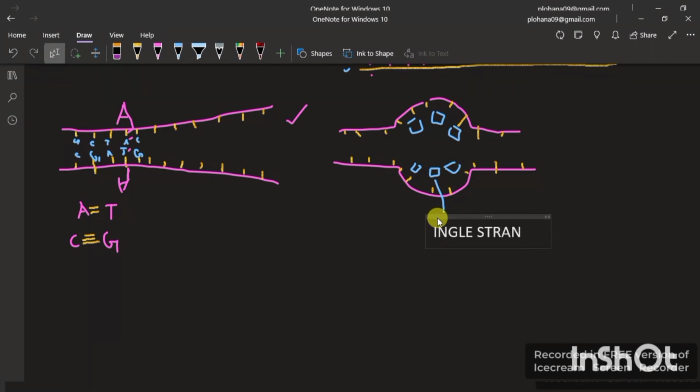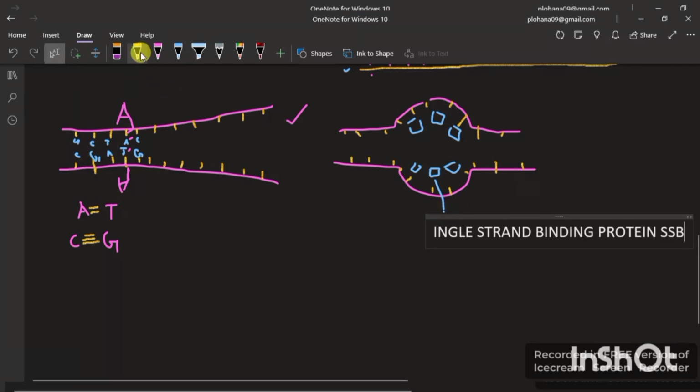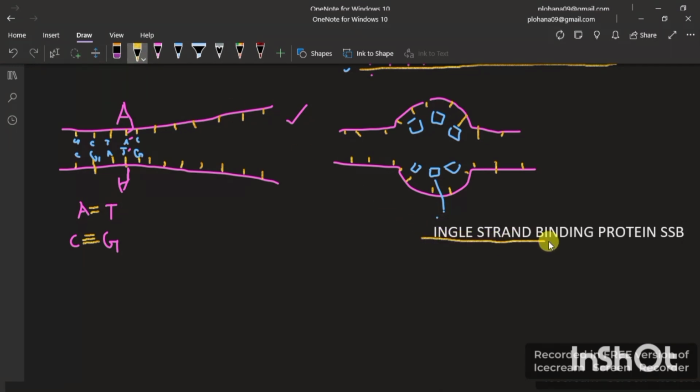Let me mark here, single strand binding protein. So now it has got separated.